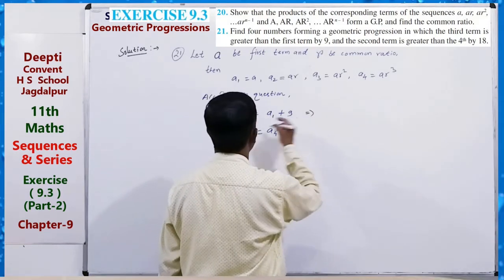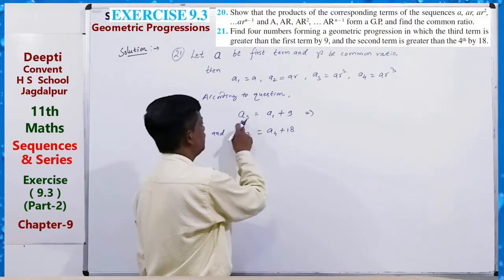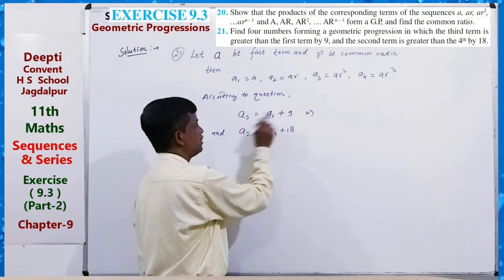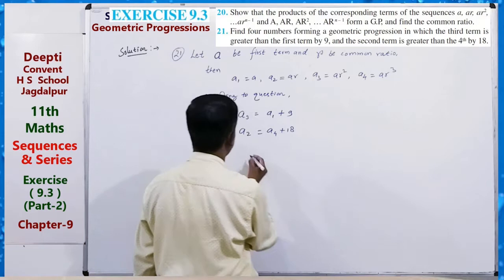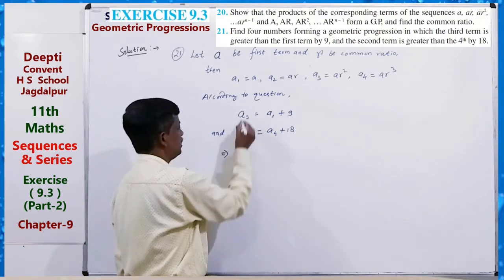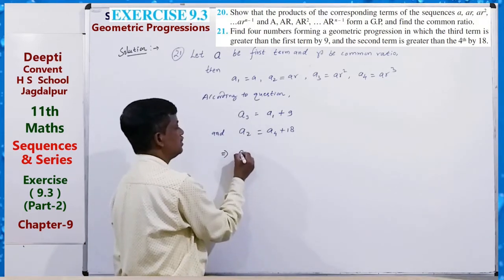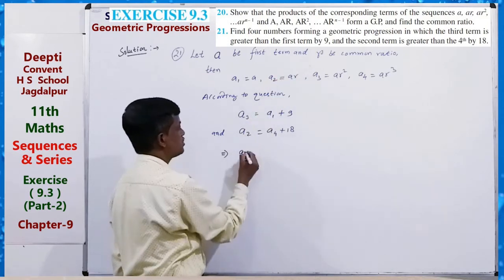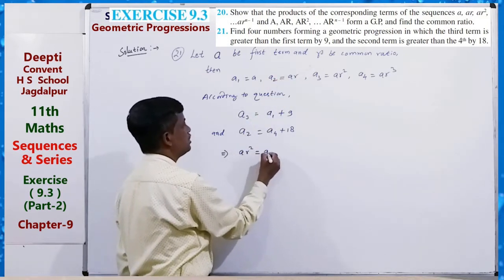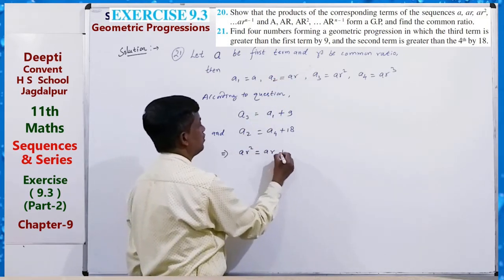So it can be written: A3 means AR square equals A plus 9.